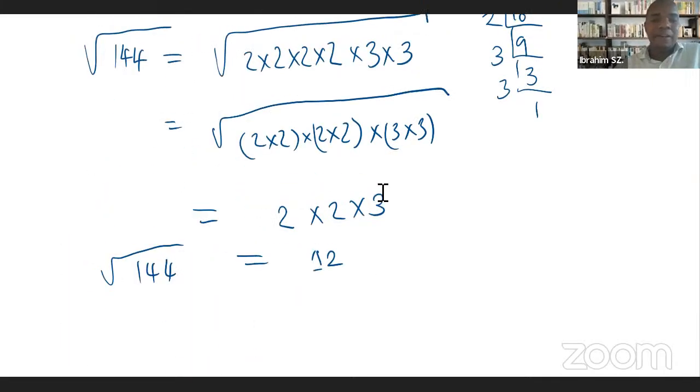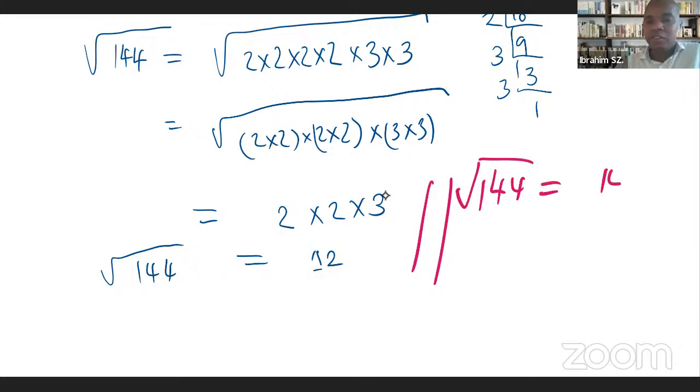Lakini pia nikukumbushe kwamba actually square root ya 144 ni sawasawa na kuchukua 144 power a half.